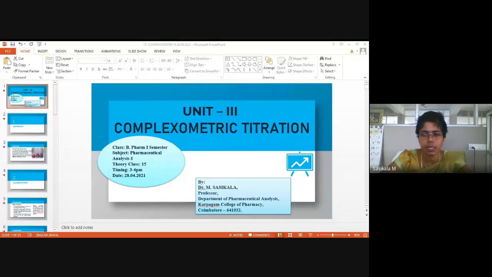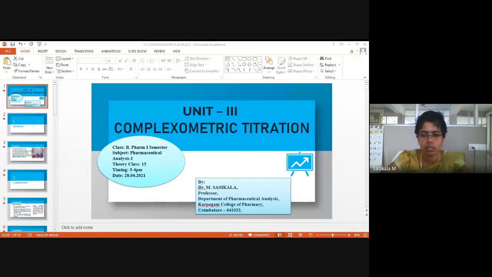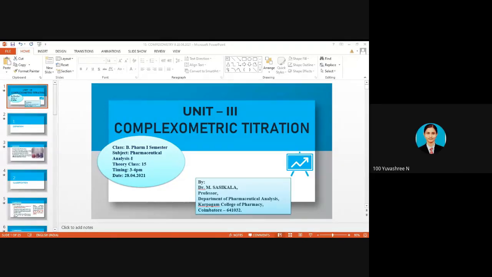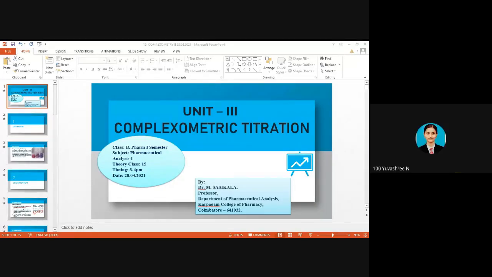What are the subtitles? Classification of ligands. Okay. And then indicators, classification. Then titration curve. Okay, titration curve. Types of complexometric titration, ma'am. Okay.